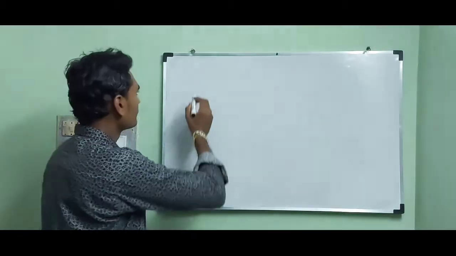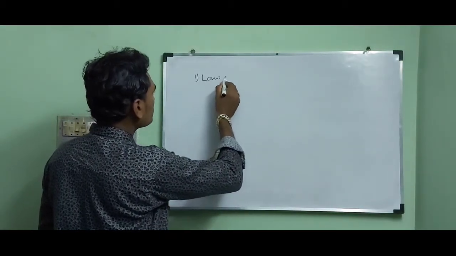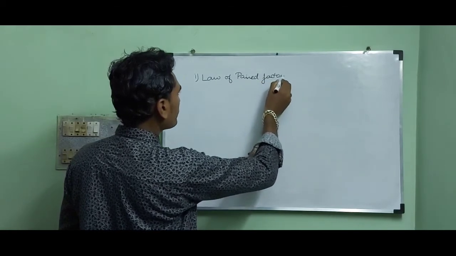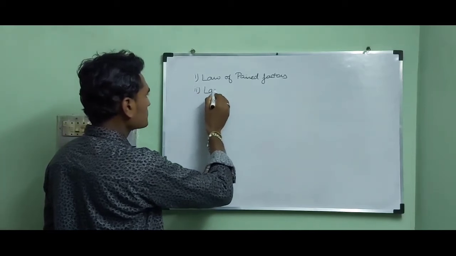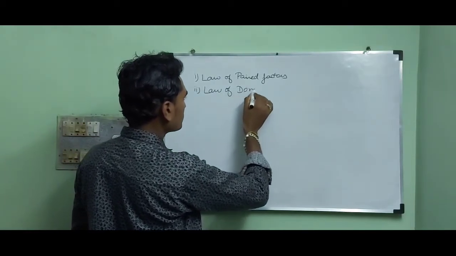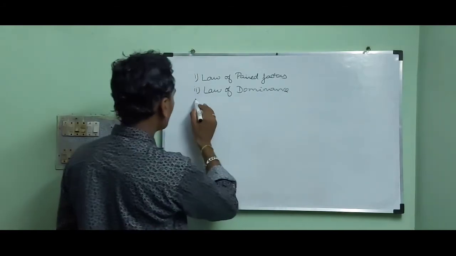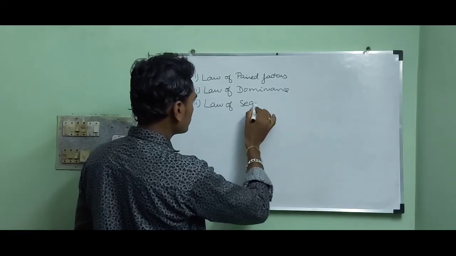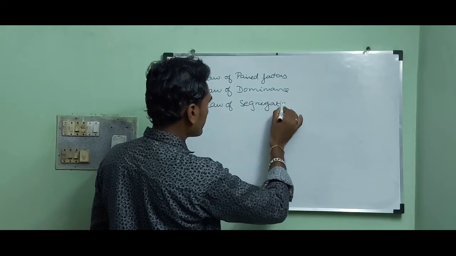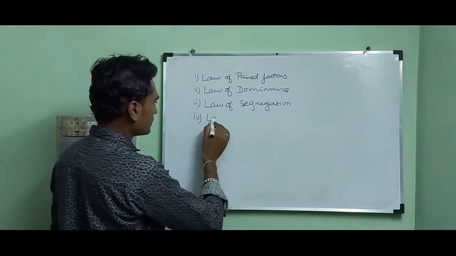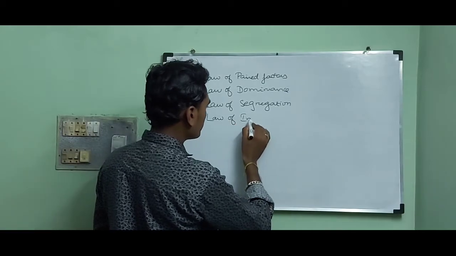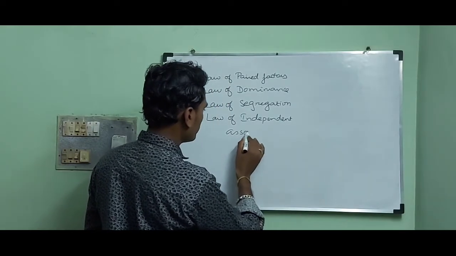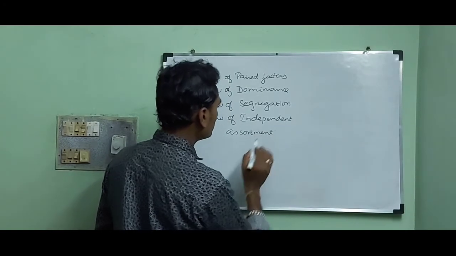They are the law of paired factors, law of dominance, law of segregation, and the last one, law of independent assortment.